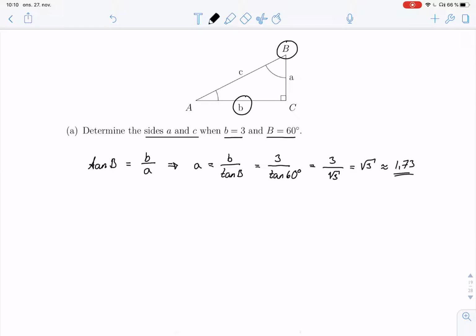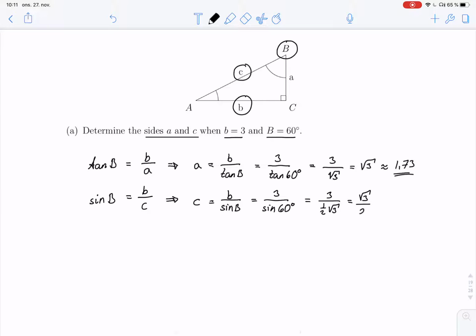If we were to do the side C also, we see that now we need to use sinus, and that would be the opposite side divided by the longest side. We want side C, so we multiply by C and divide by sinus B. Again, B is 3 and sinus the angle would be 60 degrees, and the exact value is a half square root of 3, which would be square root of 3 over 2.